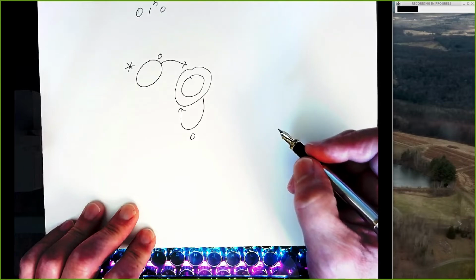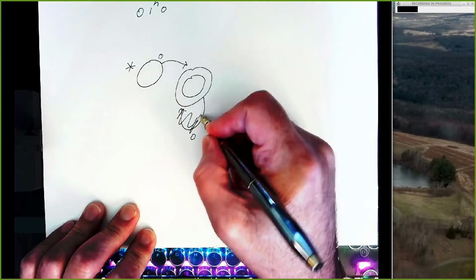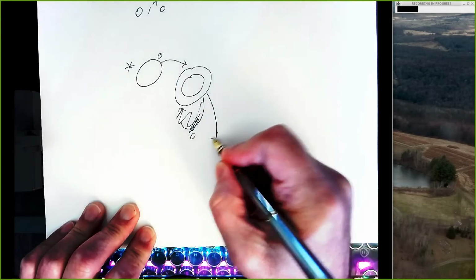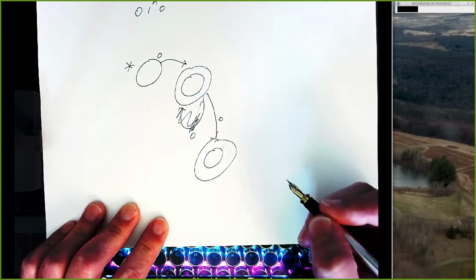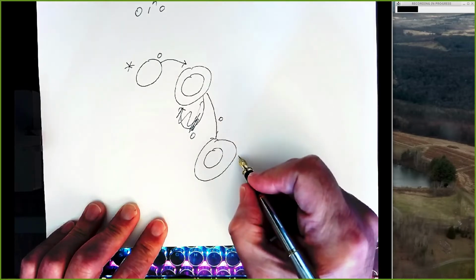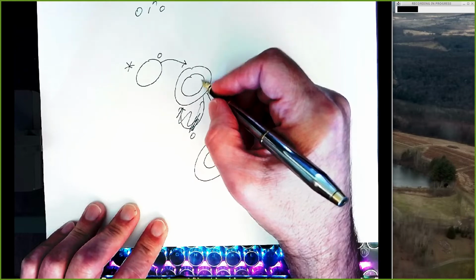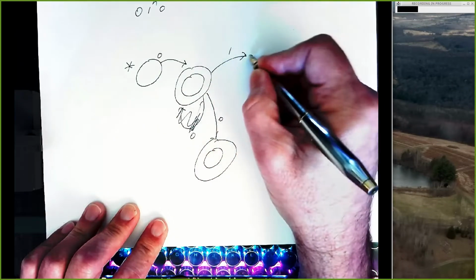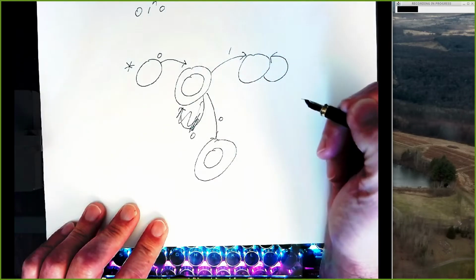This one's a little trickier. If we have a 0, that'll be a recognized state. And if we start off with a 0 and we get to this state here, and then we have a 1, we can take any number of 1s.